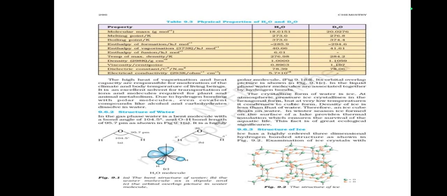Molecular mass, melting point, boiling point, enthalpy of formation, enthalpy of vaporization, enthalpy of fusion, temperature of maximum density, viscosity, dielectric constant, electrical conductivity. The high heat of vaporization and heat capacity are responsible for moderation of the climate and body temperature of living beings.